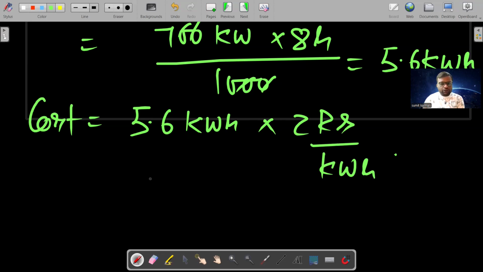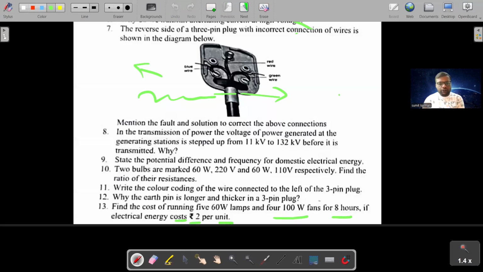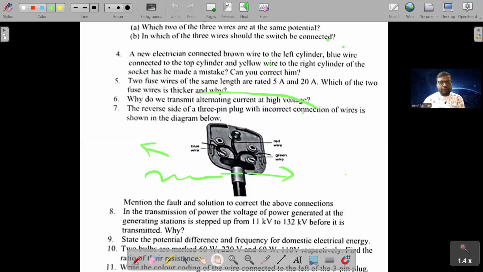How much will you get? Students, here you will get 11.2 rupees. So this is the solution of it. Now next. So this was all about the 13 problems. Next we will see the next problems.